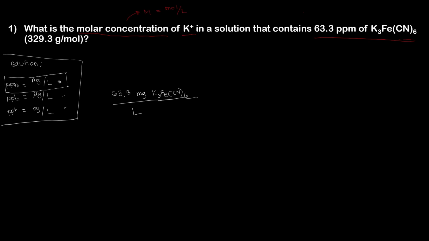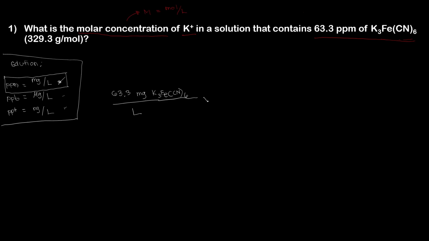You see here, I just inputted milligram per liter instead of ppm. That's the same thing. After that, let us convert this to grams, since our goal here is to convert milligram per liter to mole per liter, and we want mole of K+.